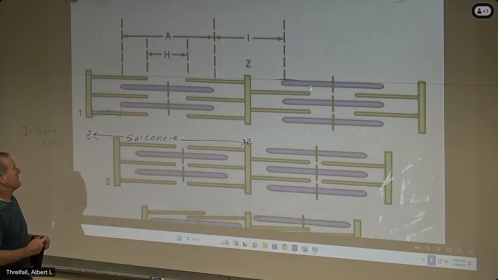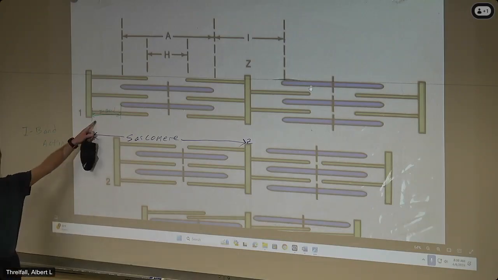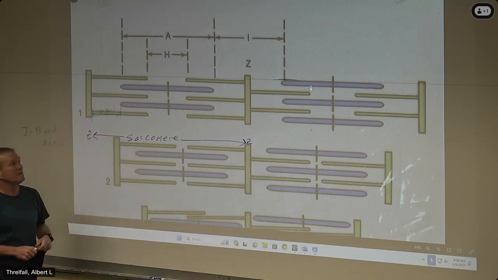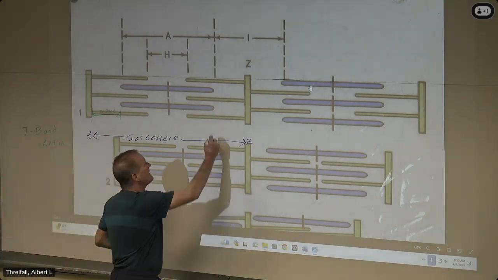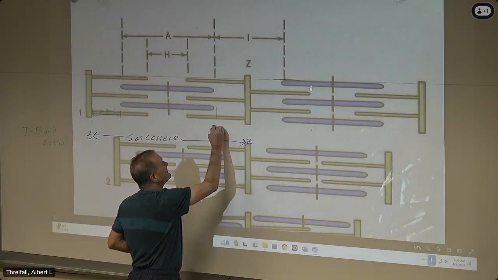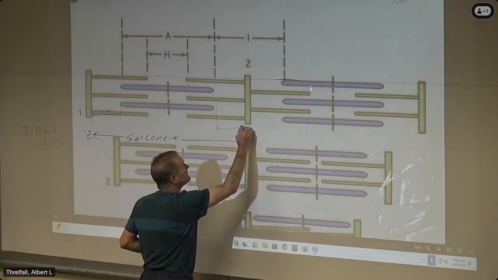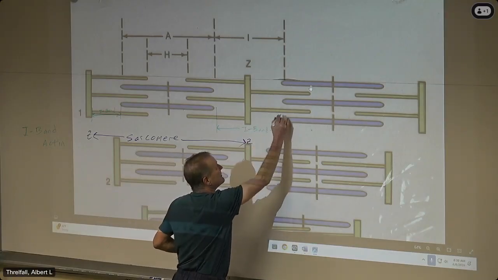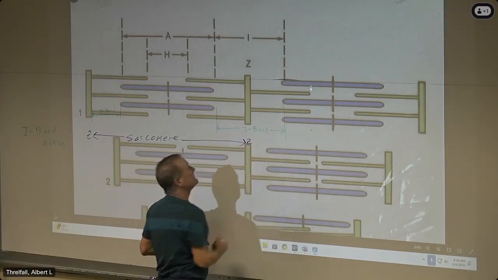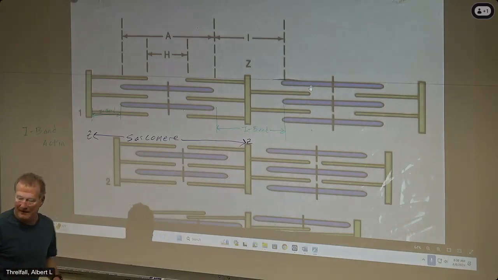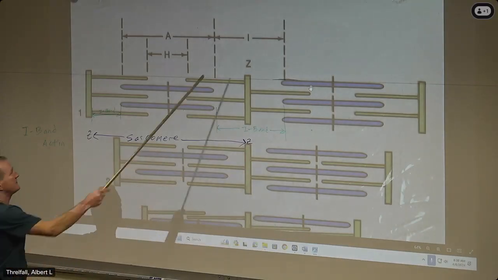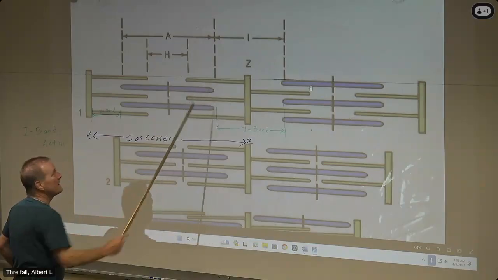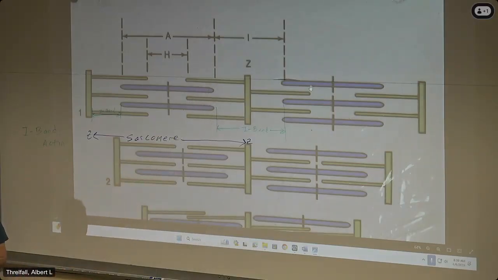You can label the I band as I just did at the end of a sarcomere, or you can let the I band span two sarcomeres, as they had already done in the labeled picture. The point of the I band is it's just actin.